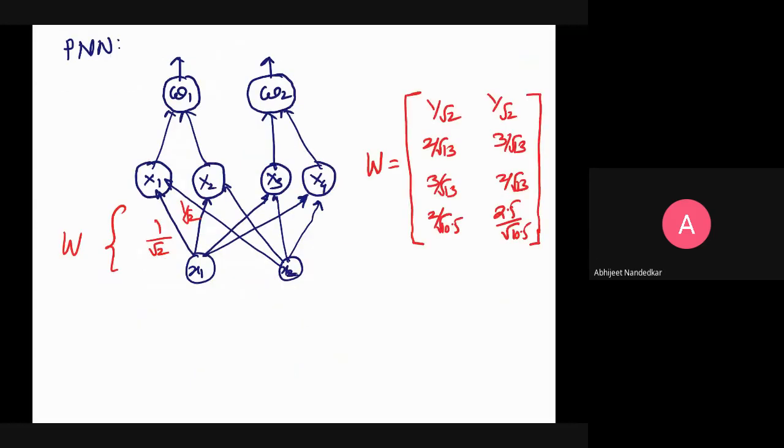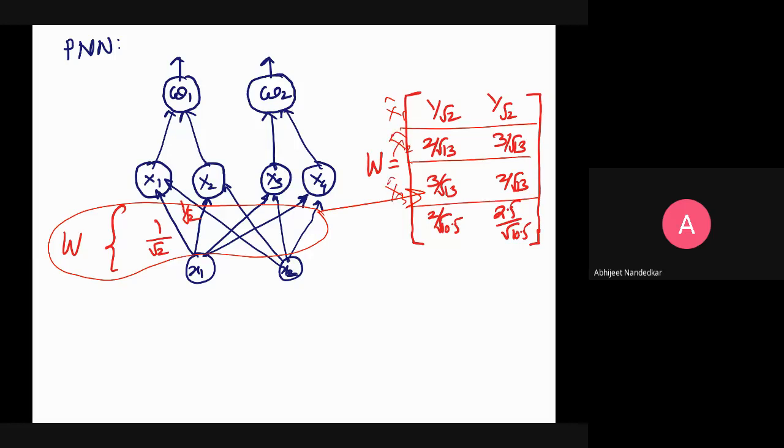So we can write this whole connection in a matrix form like this. This is sample x1 normalized, this is sample x2 normalized, this is x3 normalized, and this is x4 normalized. So you will keep the normalized patterns in a row.